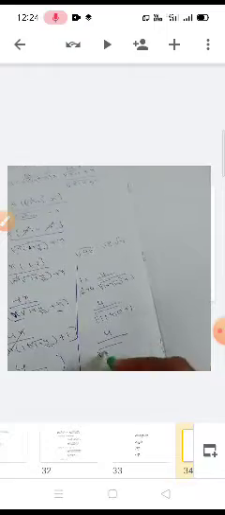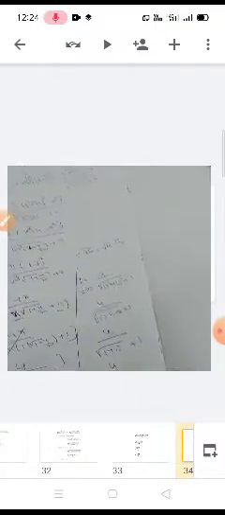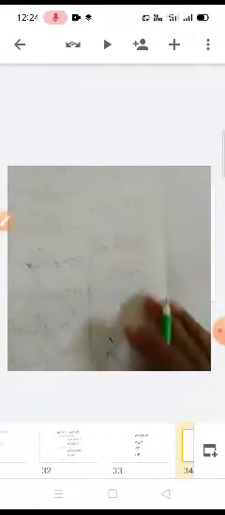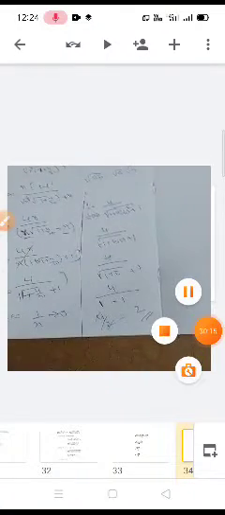Now substituting the value, 4 by (root of 1 plus 4 of 0, plus 1), root 1 value is 1, so 4 by (1 plus 1), 4 by 2, that is equal to 2.